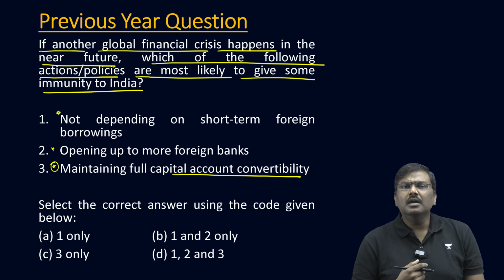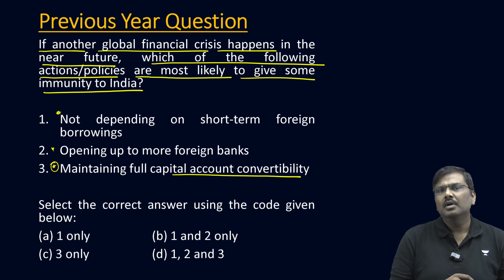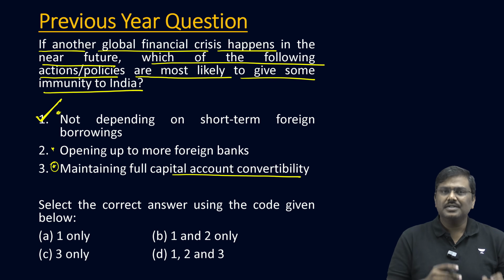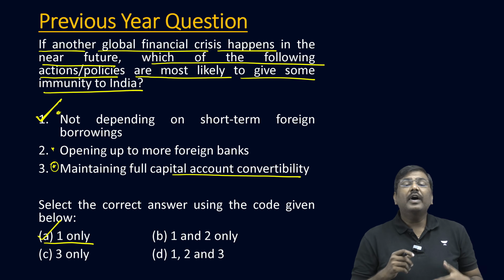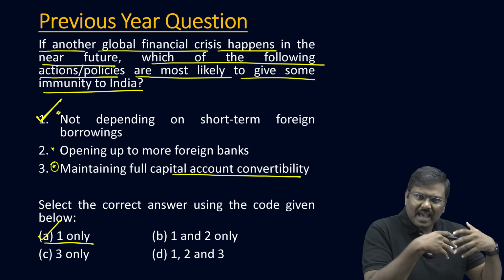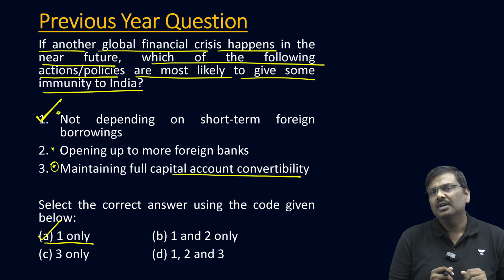Many of you ask me, sir, what is the meaning of the term convertibility in the first place? I'll tell you. But the right option to the question is the one which has statement 1, and that is basically option A. Why? I'll tell you about point 3 as well, have patience.